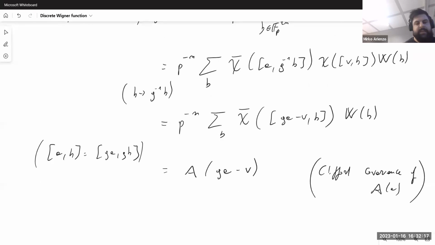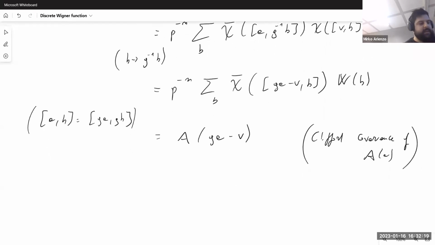And that means that when you go to the Wigner function level, the negativity is not changed.